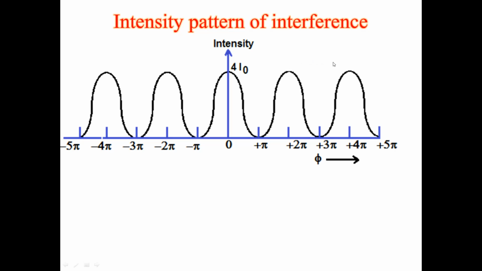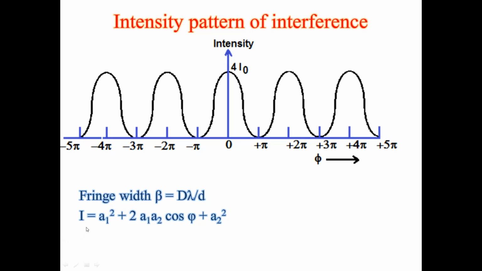The distance between two consecutive maxima is the width of a dark band, and the distance between two consecutive minima is the width of a bright band. The width of the central maximum is the distance between the first minima on either side, that is 2 times y1. And the fringe width is the same. All the fringes are of equal width, which is equal to D lambda by small d.